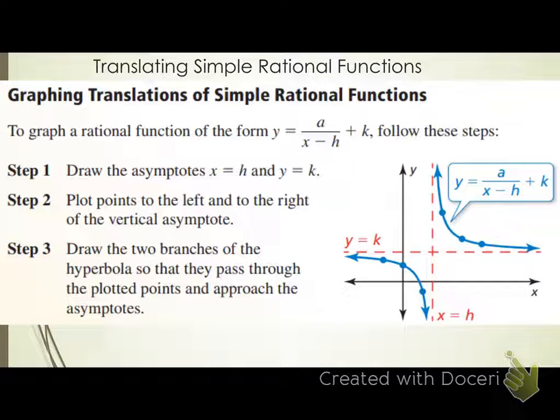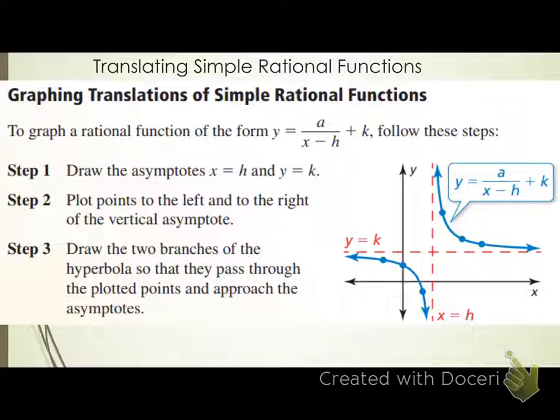So to graph a rational function of the form y equals a over x minus h plus k, you follow these steps. This is if you're graphing by hand. So I do want you to write down how to draw the asymptotes because I want your asymptotes to be perfect. So step 1, draw the asymptotes x equals h and y equals k. So h is your vertical asymptote, x equals h, and y equals k is your horizontal asymptote.